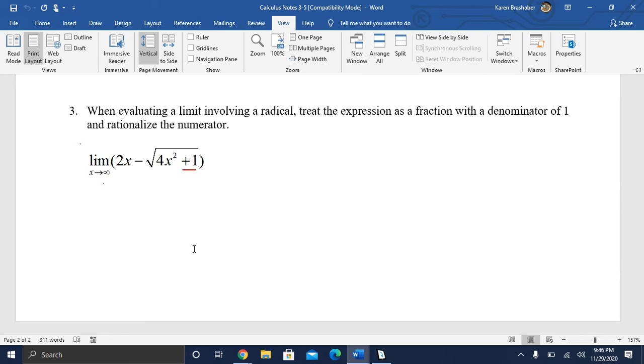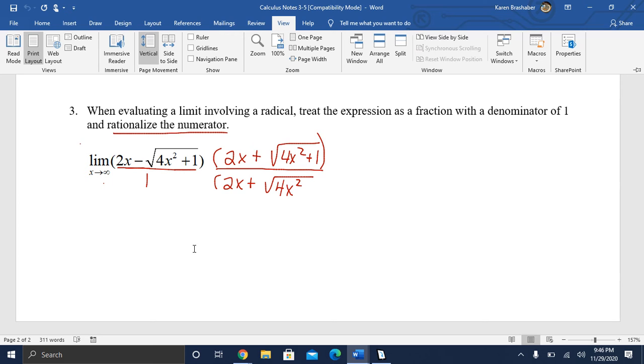So we're going to treat it as a fraction, putting your denominator as a 1, and then we're going to rationalize the numerator. So that means we're going to multiply by the conjugate. So 2x plus the square root of 4x squared plus 1. And remember, what you do to the numerator, you have to do to the denominator. So we'll multiply by the conjugate.